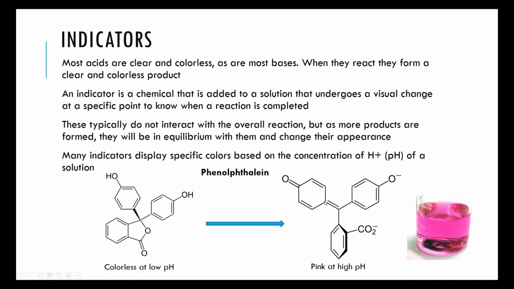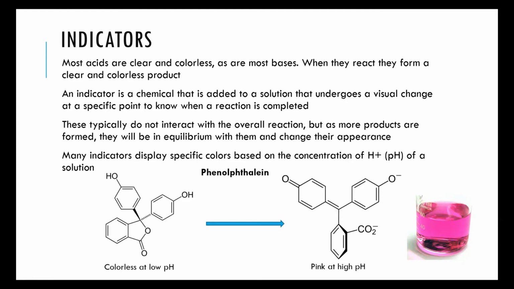However, there are a lot of different indicators, and they come in a wide variety of colors. Some of them go from colorless to a color, others go from one color to another. And where this color change takes place is unique for each different indicator. The pH where that transition actually happens is different.